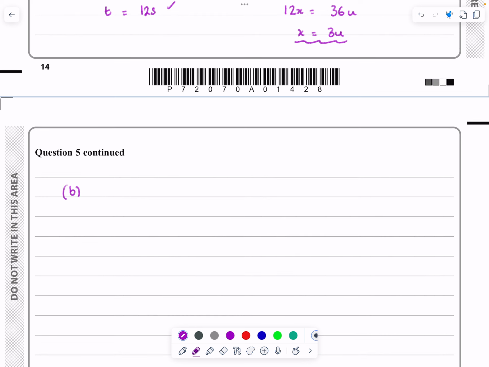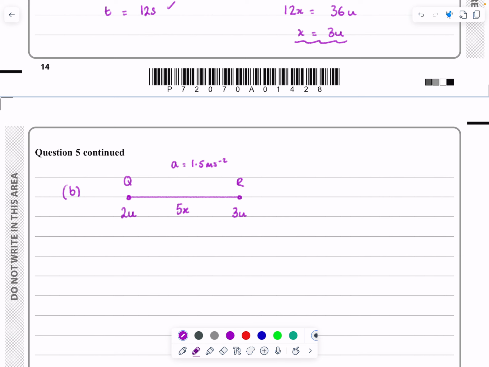So let's say that our diagram now is from Q to R this time, starting off at Q and ending at R. We know that this speed is 2u. We know that this speed is 3u. We know that the acceleration at this time is equal to 1.5 meters per second squared. We know that it's going to go a distance of 5x there.